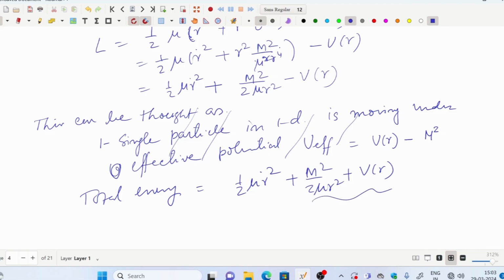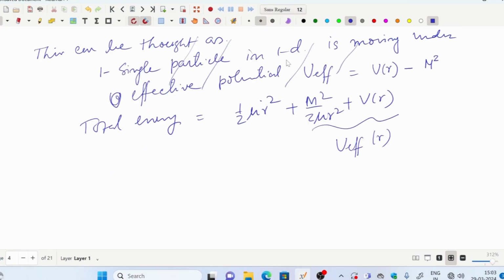So this is the effective potential energy. We can think of this problem as a particle in one dimension moving with an effective potential, U effective equal to m square over 2 mu r square plus U of r.